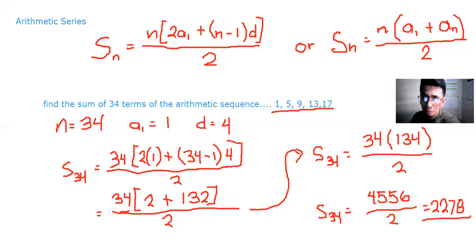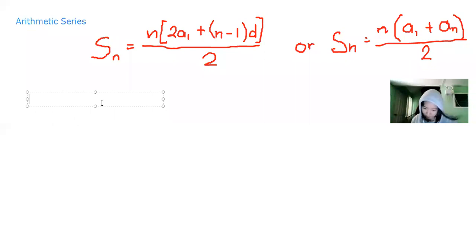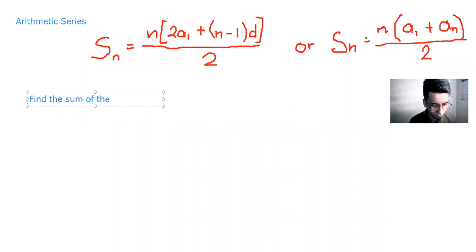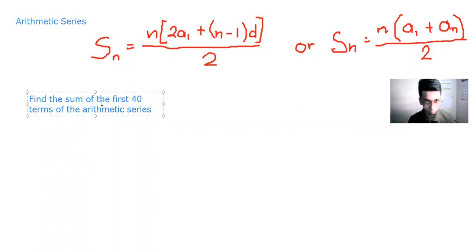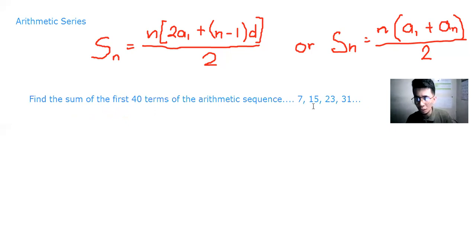So, in your notebook, find the sum. Okay, find the sum of the first 40 terms in the arithmetic sequence 7, 15, 23, 31.